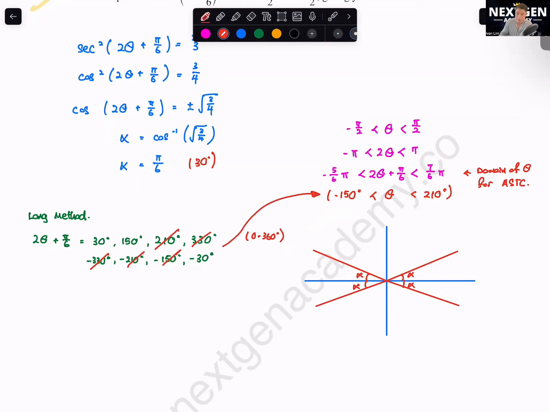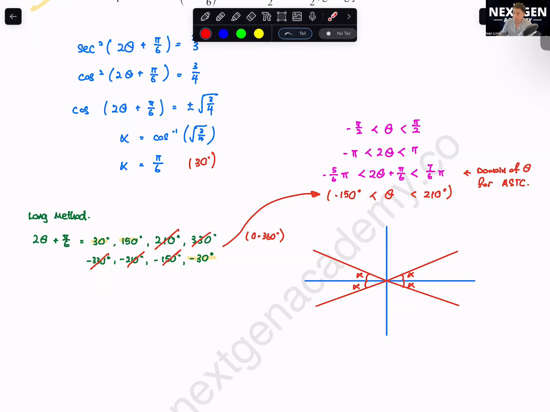Okay, any question until here first? Okay. You only consider these 3 answers. So 30, 150, and negative 30. The rest, you just completely ignore already. Okay, but this time remember, I'm using degrees because it's easier for you all to understand. But when you all present your answer, present it in terms of radian.